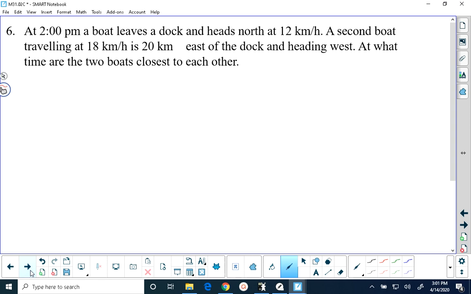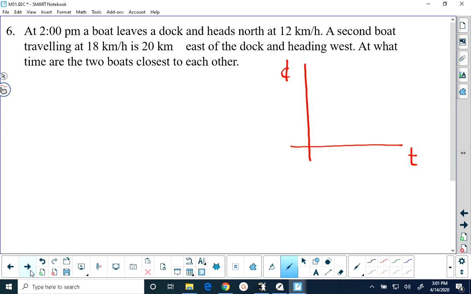So I want to start off by impressing on you that what we're really looking at here is some kind of relation where time is the independent variable and the vertical variable or dependent variable is a distance between two objects.